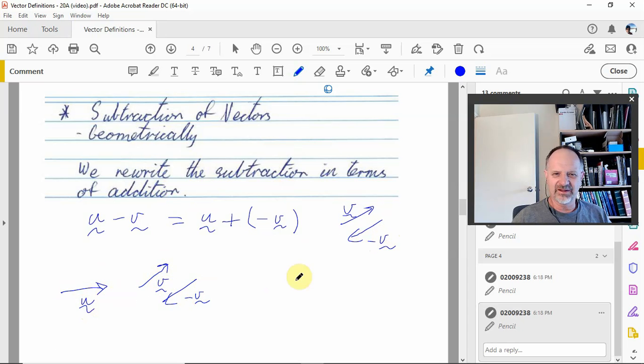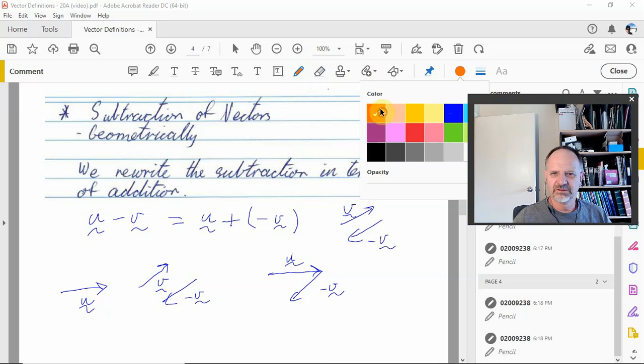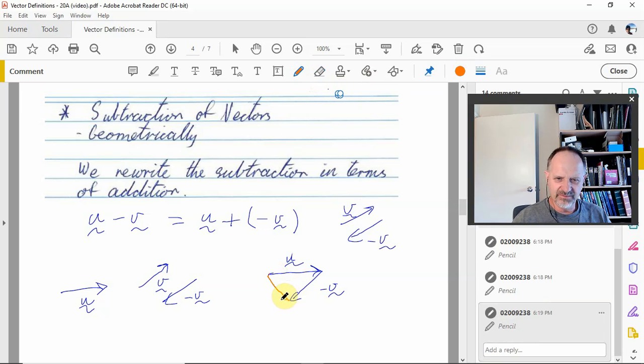And so then when we add the vectors together, we go u plus the negative v, and then from where we started to where we finished, that one there is the u minus v. All right, and again, we rewrite it, we draw the diagram, and then again, as we did with the other one, we'd use trigonometry to work out the various sizes, angles, etc.